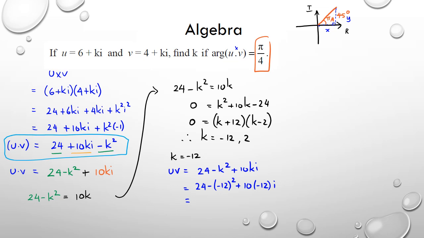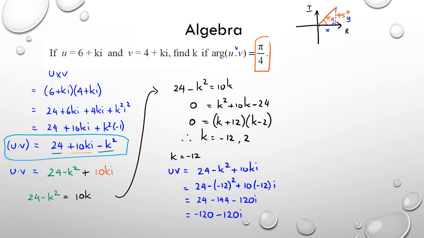Let me simplify this real quickly. So I've got 24 minus 144 minus 120i. Simplifying this, I get -120 minus 120i.